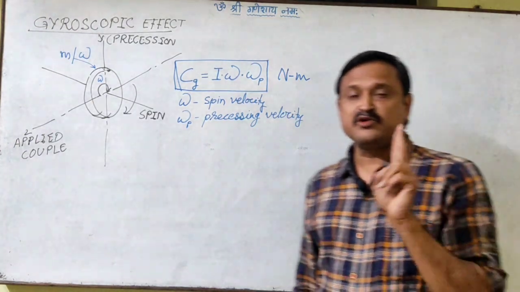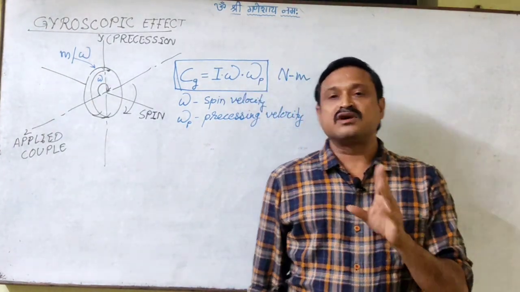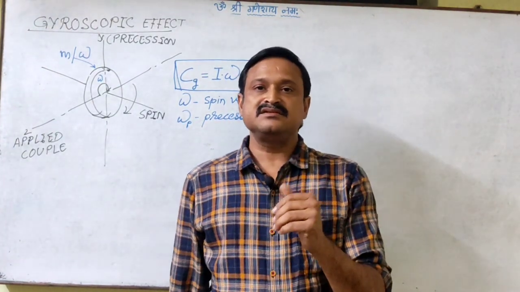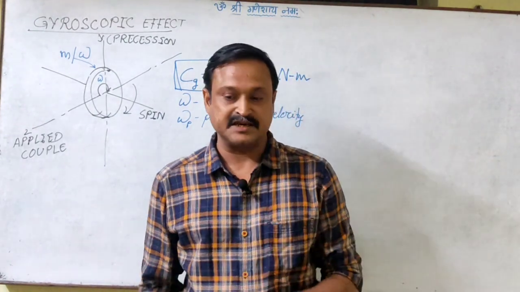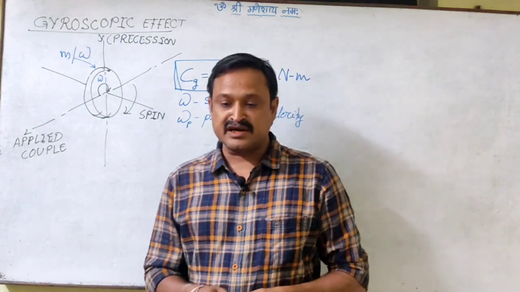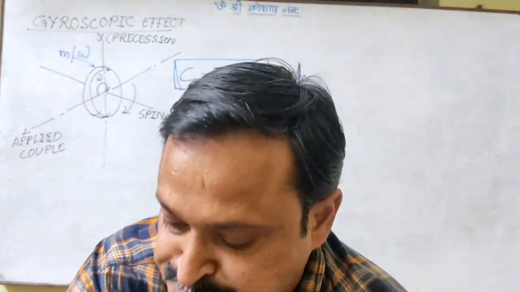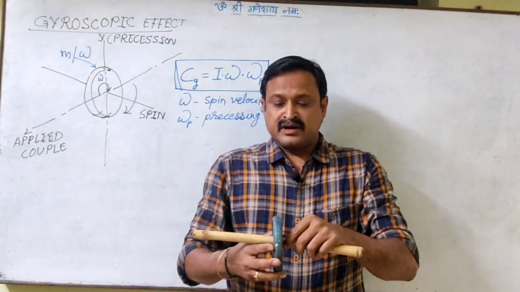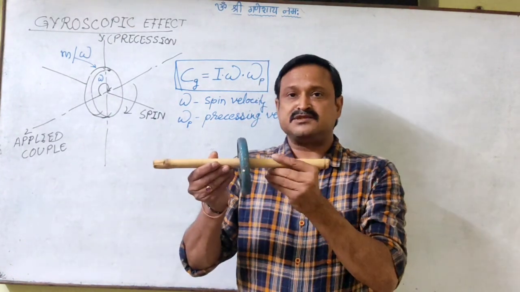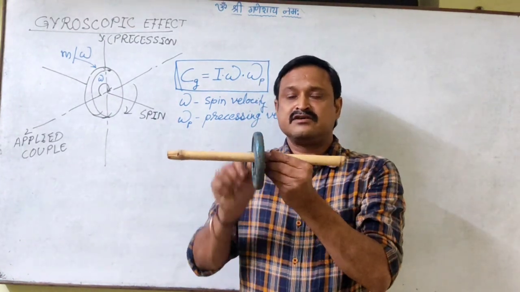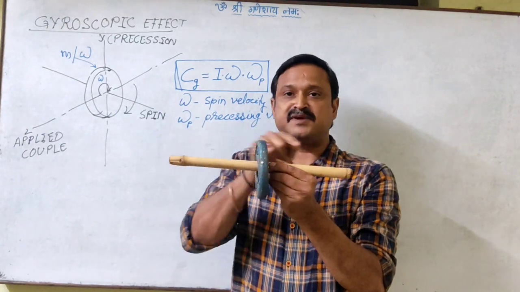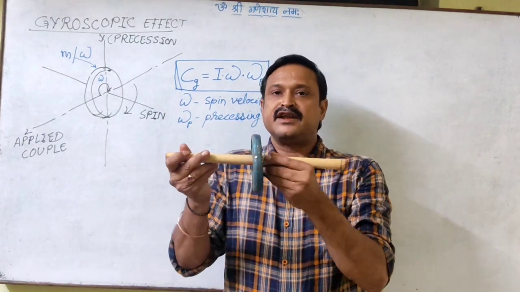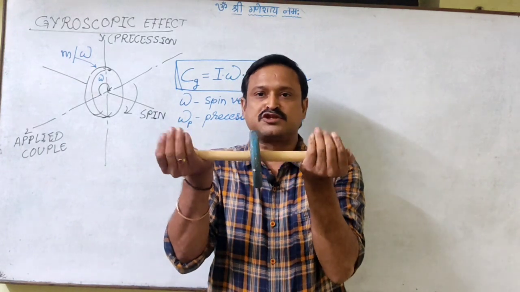Now we are talking about two conditions: one is the natural precession condition and one is the forced precession condition. Let us first try to understand the precession. Let us see this arrangement, where there is this disc which is rotating about this shaft. This shaft is the spin axis. Now this is supported by two supports.